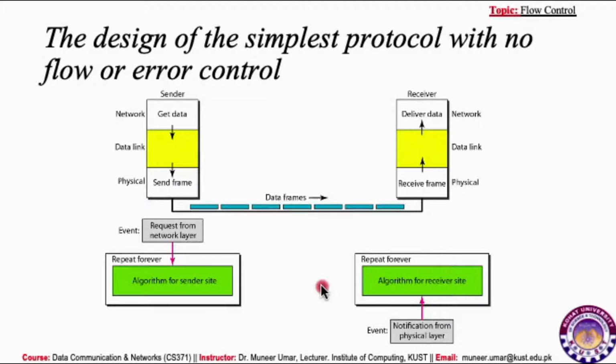Here, the data link layers of both the sender and the receiver provide transmission services for their network layers. Both are given services by these two data link layers. The data link layers use the services provided by the physical layers of both sender and receiver.